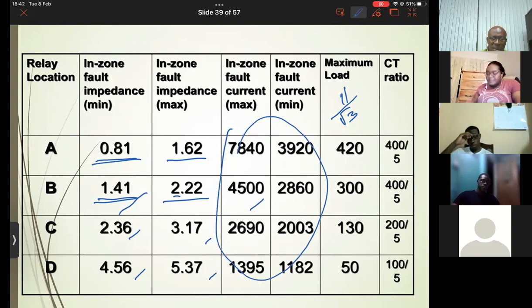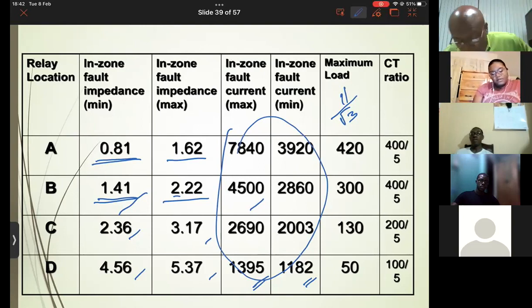Minimum in zone, it will be 11 over root 3 divided by 4.56 and 5.37. Any questions? We good? Yes, sir.